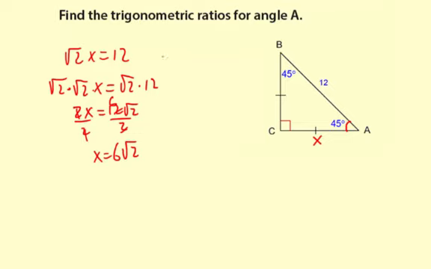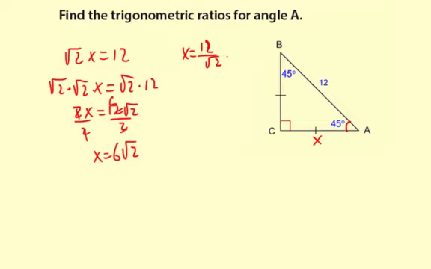Now the other way to do this, what if you divide by radical 2 or square root 2 up here in the first step? It would be x equals 12 divided by square root 2, which is really the answer, but in math, good form requires no radicals in the denominator.